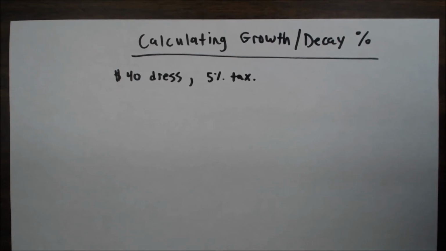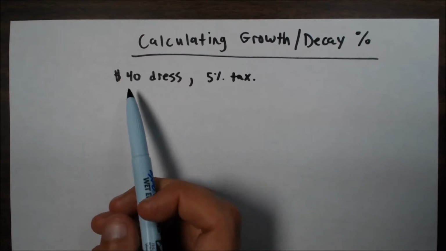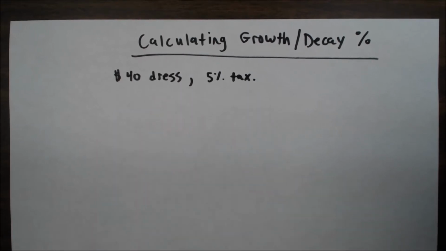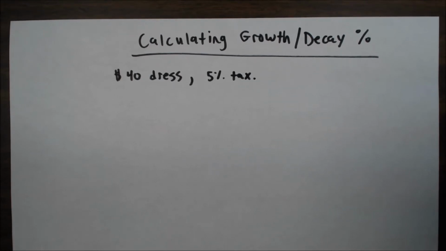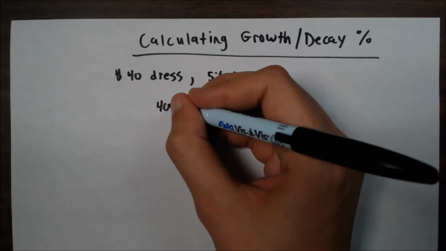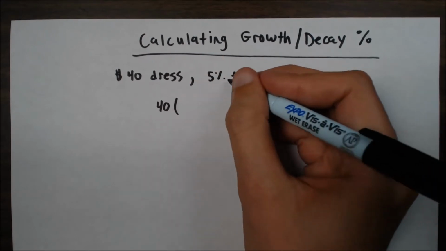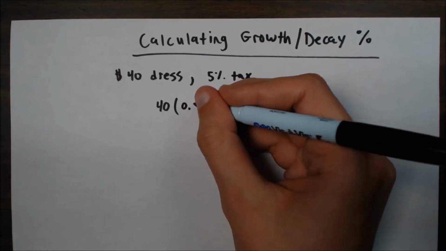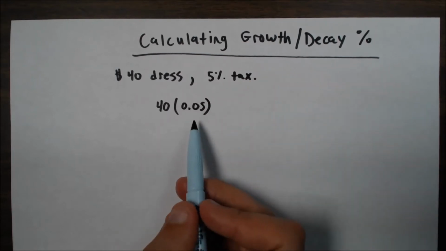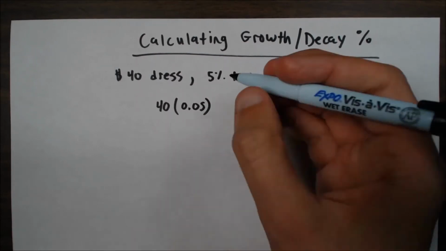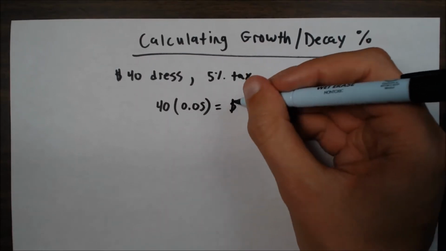Okay, so here's a situation. For example, let's say you've got a $40 dress and there's a 5% sales tax. Now we all know if I were to say calculate the tax, what would the tax be on that dress? You would do 40 times 5%, which most people know that's 0.05. Now this is going to give you the amount of tax, which in this case would be $2 if you calculate it.